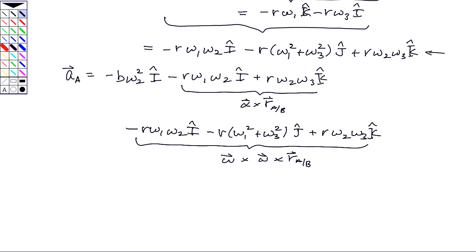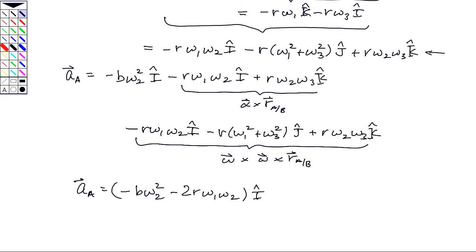So let's collect the i, j, k terms. We're going to get acceleration of A turns out to be minus b omega 2 squared minus 2r omega 1 omega 2. That's all in the i direction.